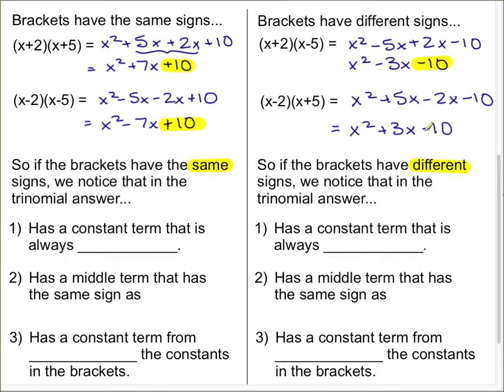If they have different signs, what's the constant term always? Well, in this case, the constant term is positive, and in this case, the constant term is negative. So if they have the same signs, the constant term is always positive, and over here, the constant term is always negative.